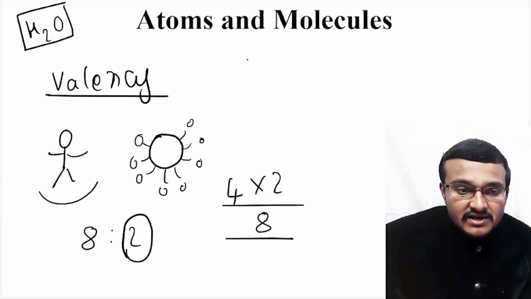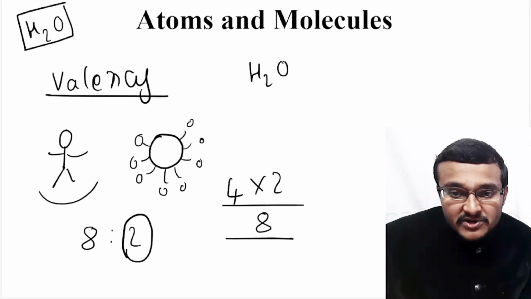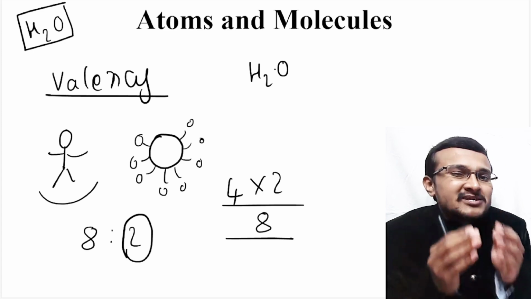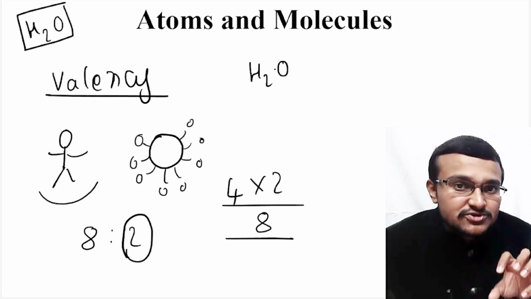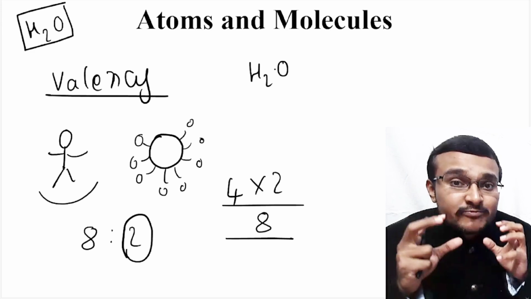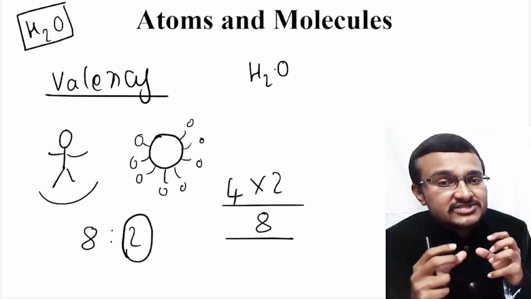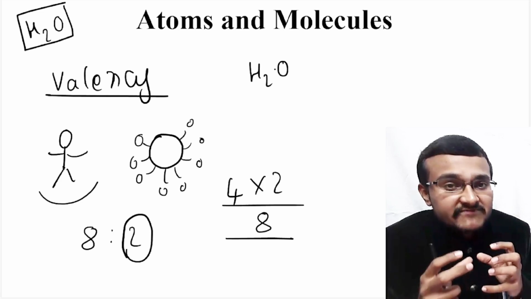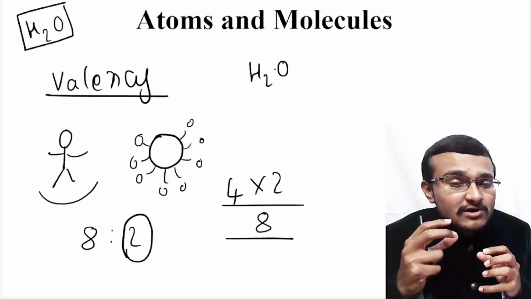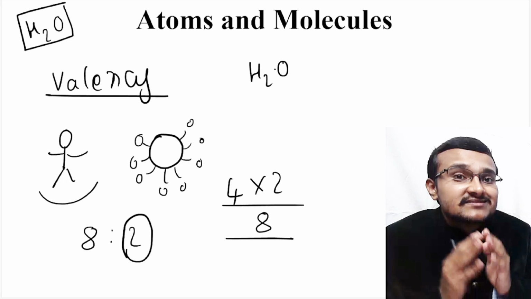For example, if I consider H2O as an example, here to form a stable H2O molecule, the valency of hydrogen and oxygen should be considered. Only when the valency of these 2 elements is satisfied in such a way that the valency of both elements is satisfied.